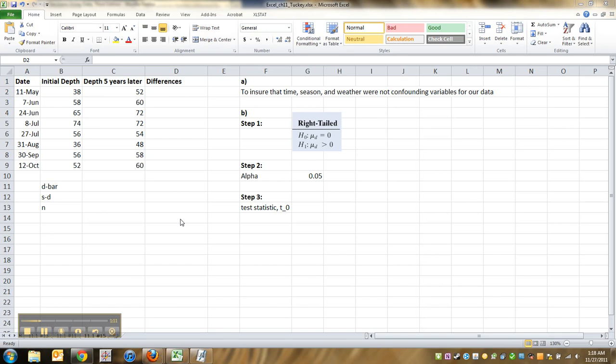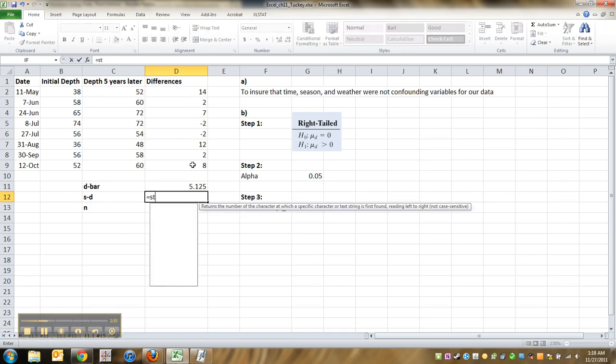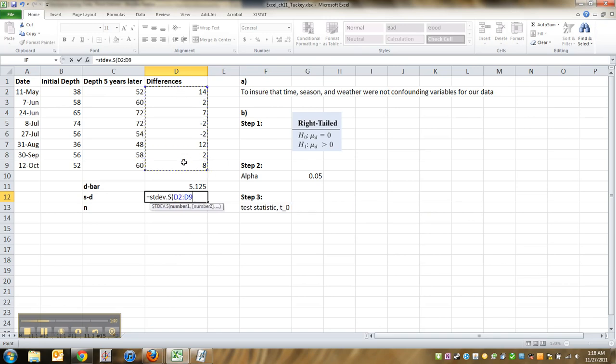Since we want to know if it's improving, we want to take the newest data minus the oldest data. And we want to do that through all of them. And then D bar, SD, and N would be equal to the average of those numbers, and then equal to the standard deviation dot S. And again, if you don't have the newest version, it's just STDEV with no dot S on it.